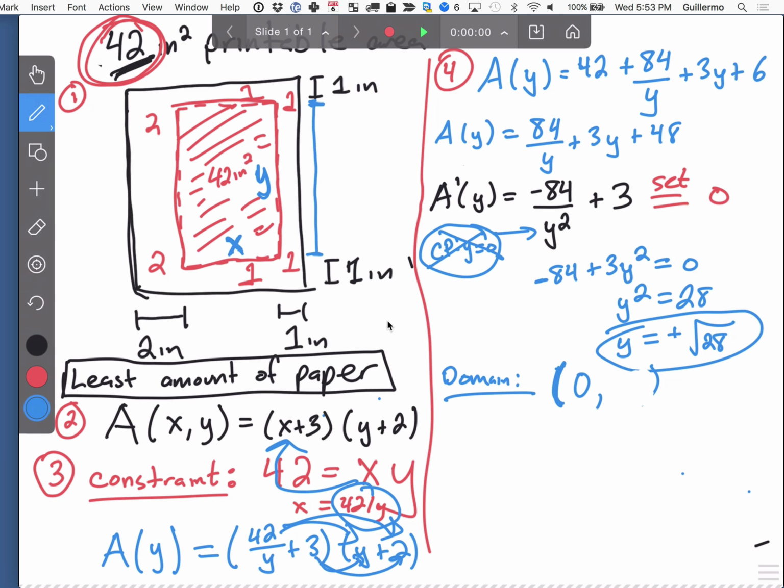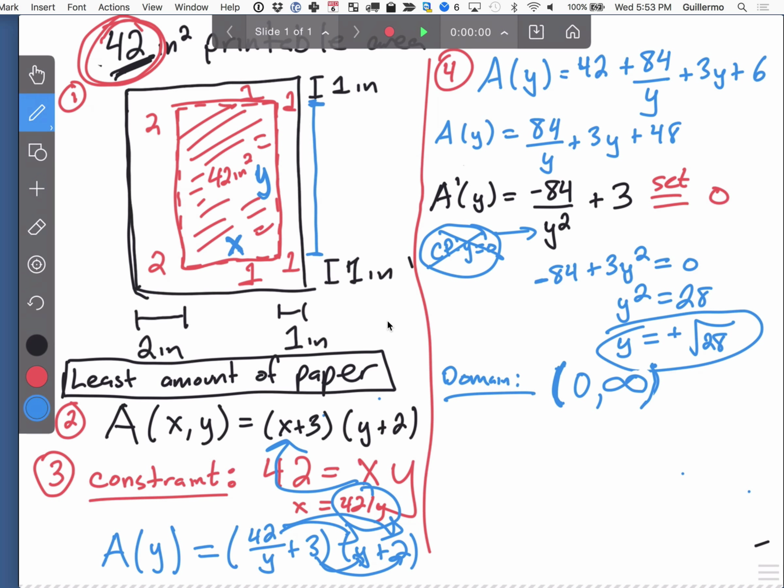Y is the largest when x is the smallest. Exactly. What's the smallest x can get? Close to 0. How close can it get to 0? Infinitely close to 0, right? Okay. So this actually can go to infinity, right?